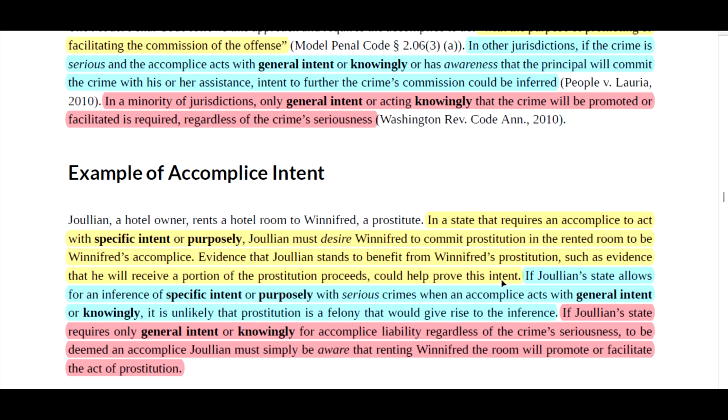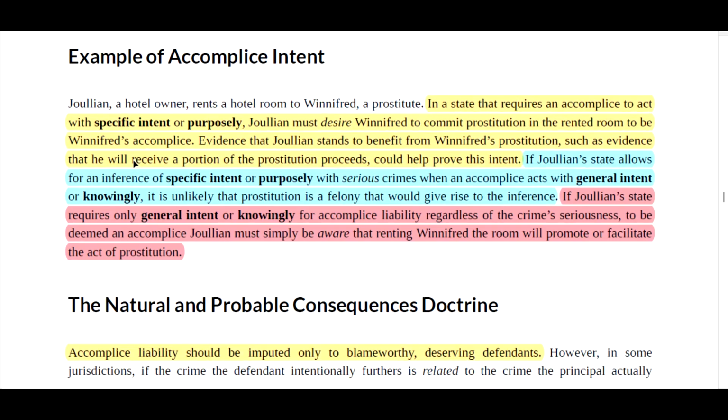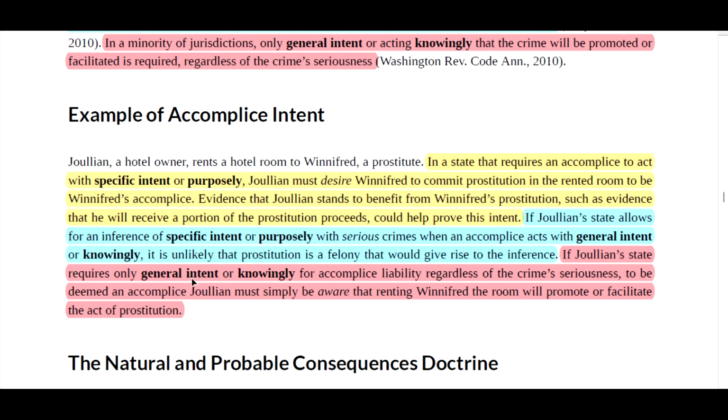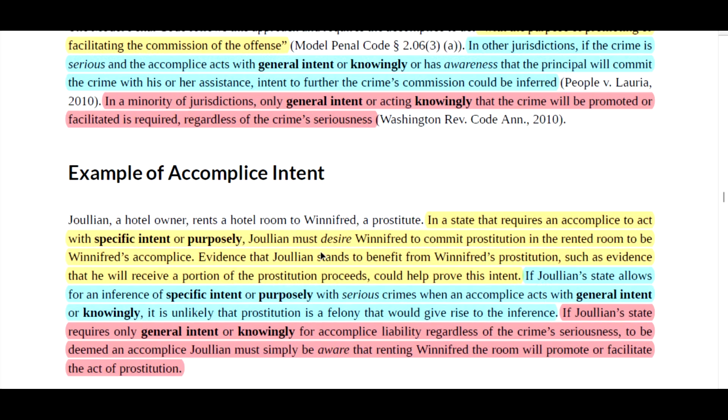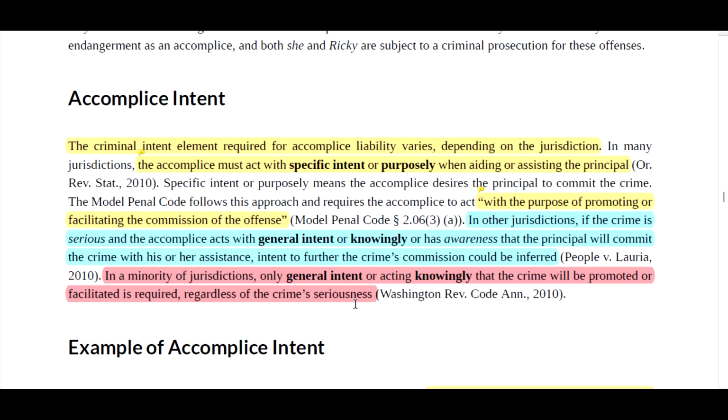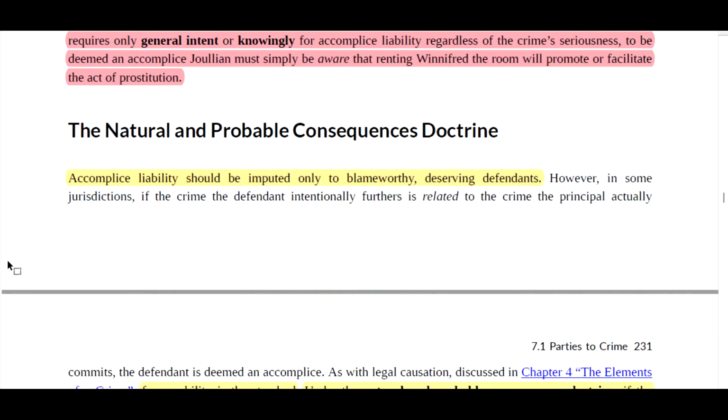In the other two, unless prostitution is a felony, this doesn't matter. And here, unless he actually knows for a fact that she is, and that he's going to get some money, not just for renting the room but because he's encouraging prostitution, he's not an accomplice. So that's why I really like this specific example, and I wanted to identify those three different components so that you could see how the level of intent kind of varies.